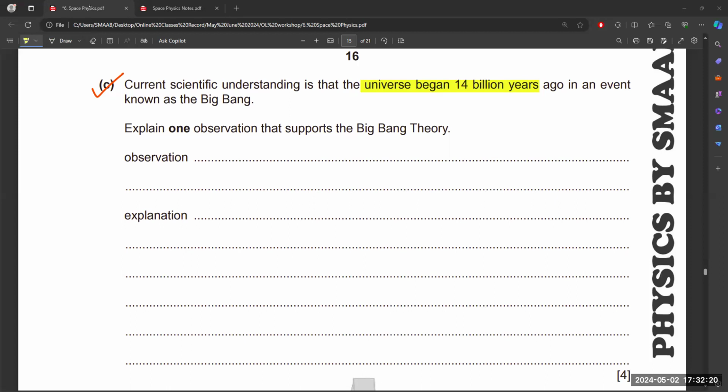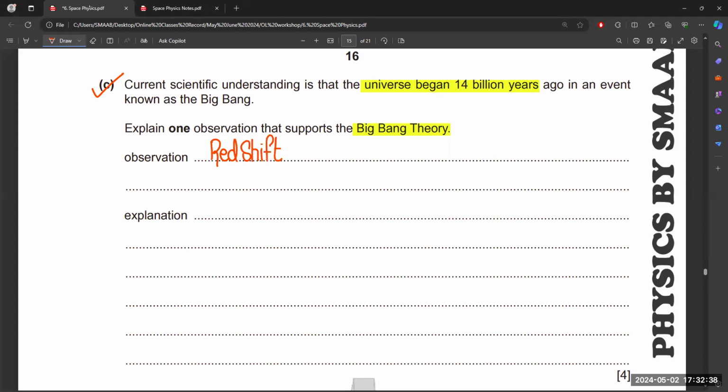Explain one observation that supports the Big Bang theory. We already discussed evidences about the Big Bang theory. There are two evidences, two observations. What are those? One is the redshift.